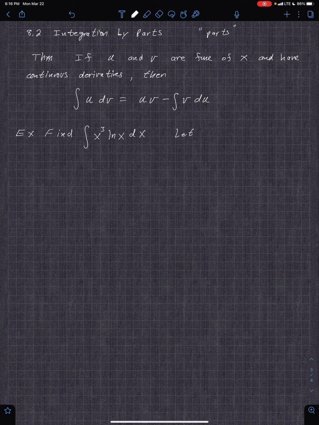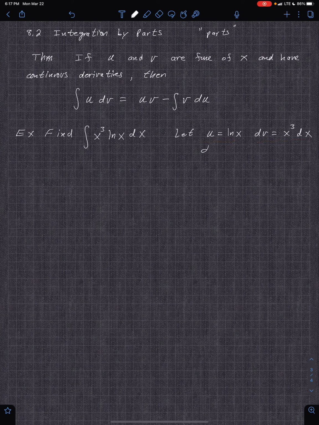And I'm just going to show you this time. We can discuss maybe what you choose later and all that. But let's let u equal the ln x and the dv equal the rest, which is always whatever else, x cubed dx. And then what you do is you differentiate that just like before, but you integrate this.